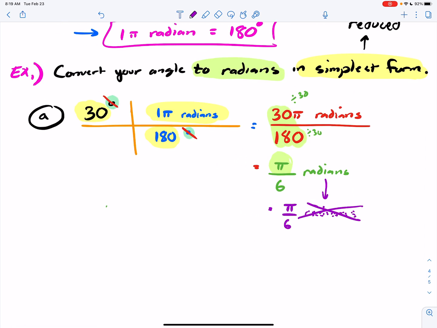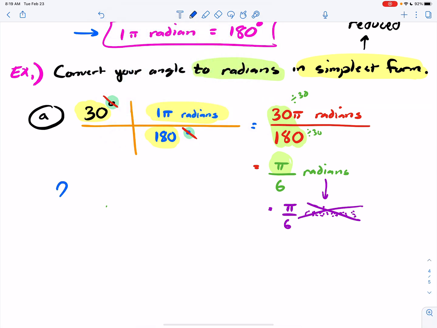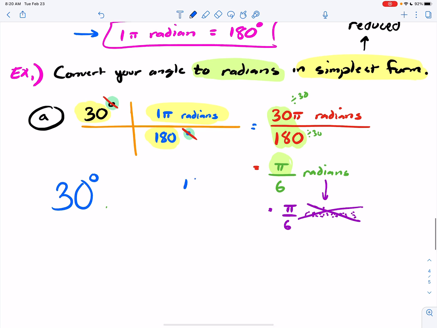So what does this mean? Here's the big takeaway, you guys. We started out with 30 degrees, and we ended up with pi over 6. How are these two related? Pause if you need to. 30 degrees and pi over 6 look very different, but they're actually equivalent.